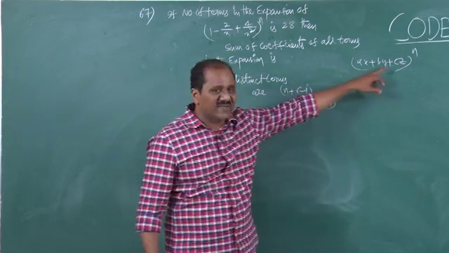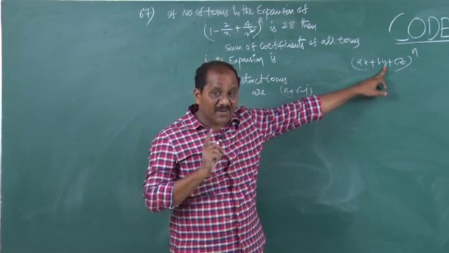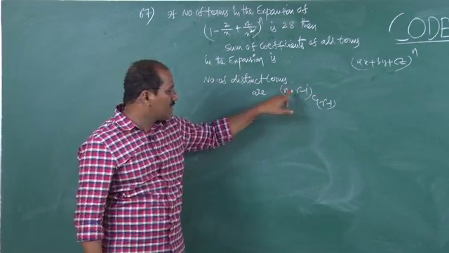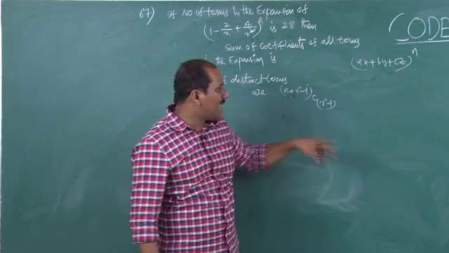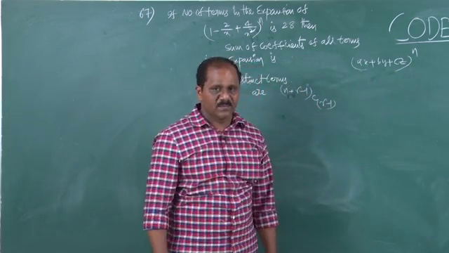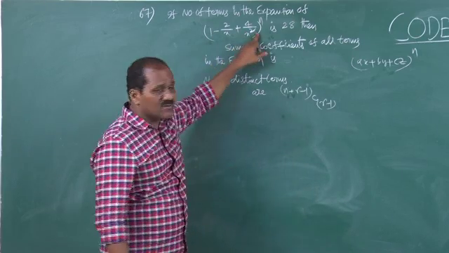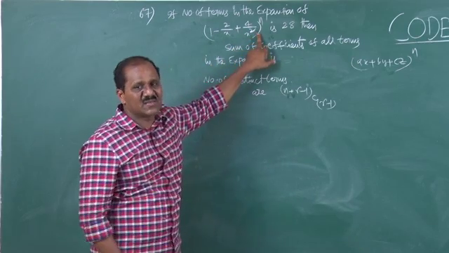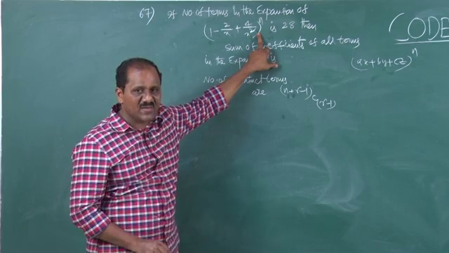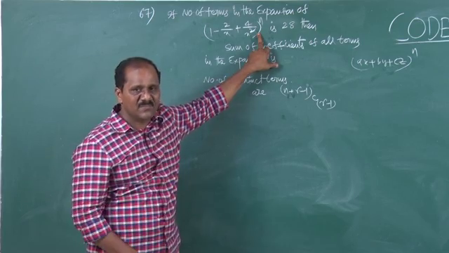For this type of expansion, to find the number of distinct terms, we always use this formula, where n stands for the power and r stands for the number of distinct variables in the base. Here in the given question, all the same variables are given. That is one mistake in this question.